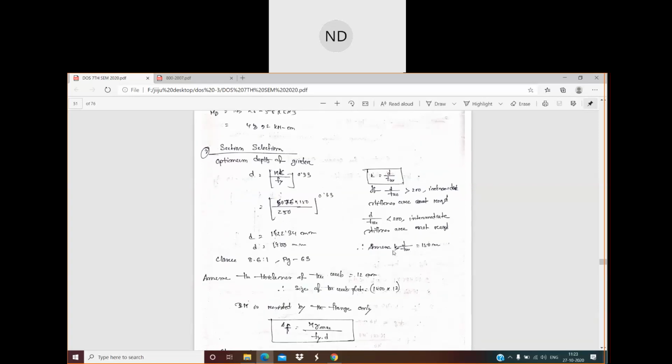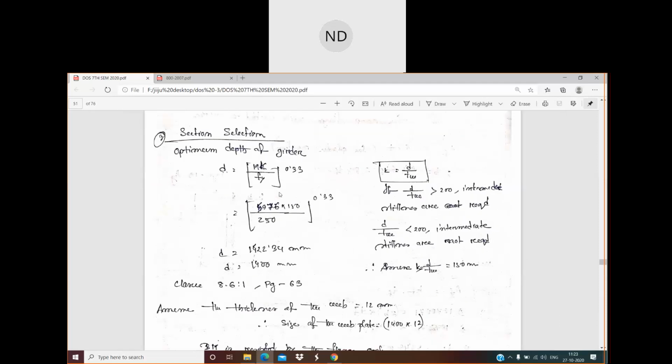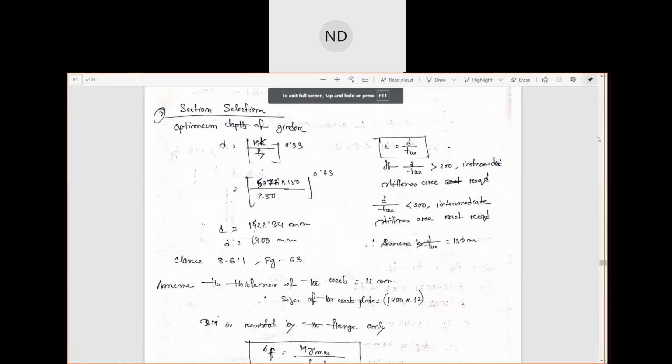Before that we had already calculated the shear force and the bending moments. Now we have to select a section for the plate girder. We know a plate girder is a simple I section, which can be used anywhere, either with stiffeners or without stiffeners.